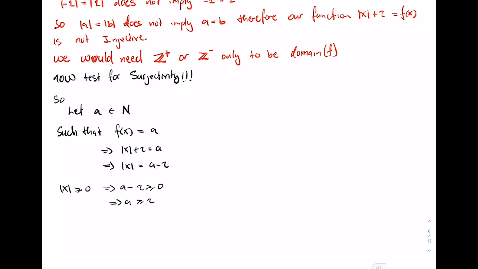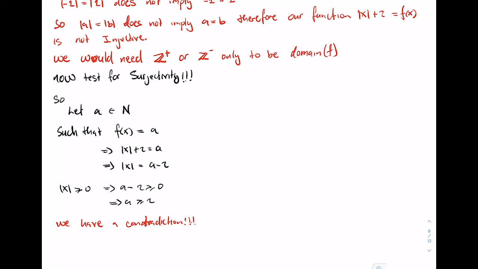We have a contradiction. What is the contradiction? We said that A must be a natural number. Not only must it be a natural number, it can be any natural number. But we have a restriction that says that A must be greater than or equal to 2.